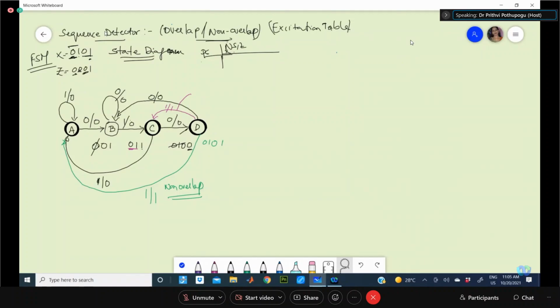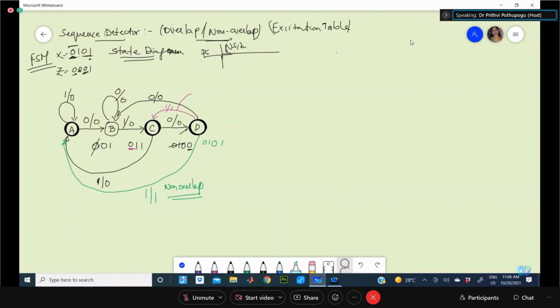Next step, assigning the state variables. When you assign the state variables, if the number of states is minimized, fewer state variables will be needed. Yes or no?